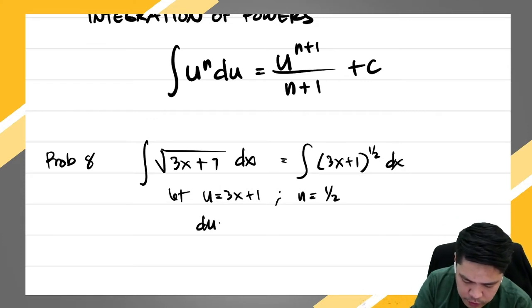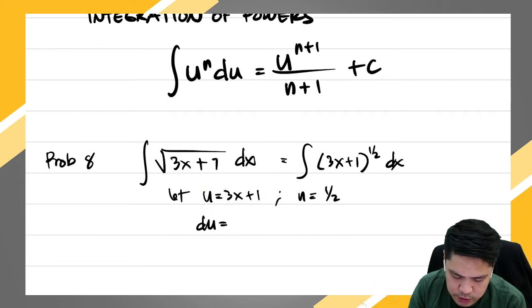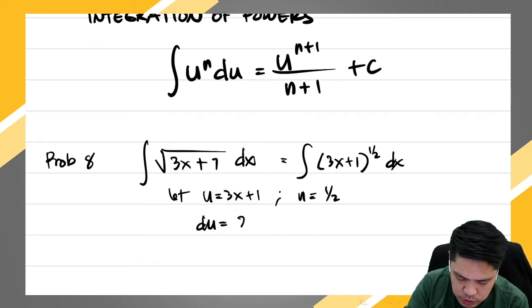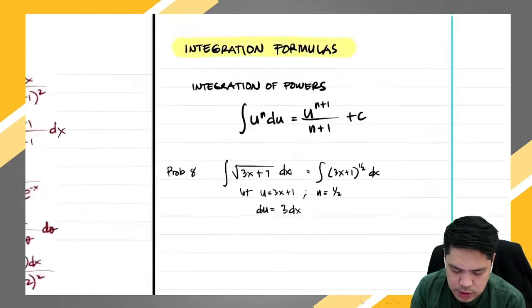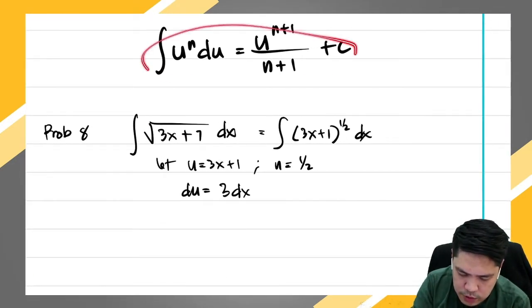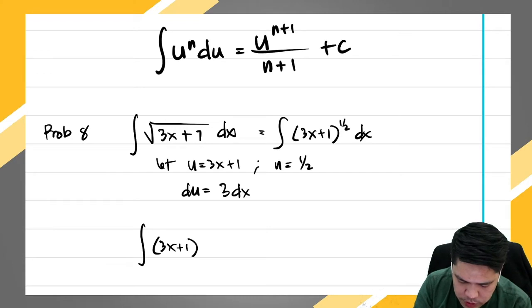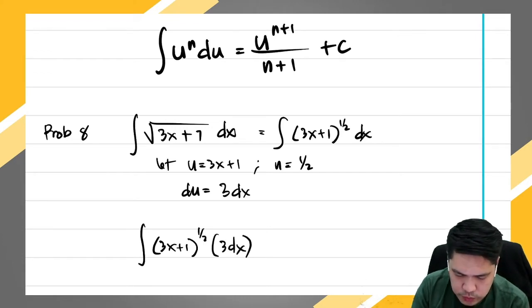And if u is equal to 3x plus 1, the derivative of u is equal to 3 dx. If we now reconstruct this formula, then we'll have the integral of u raised to n du.